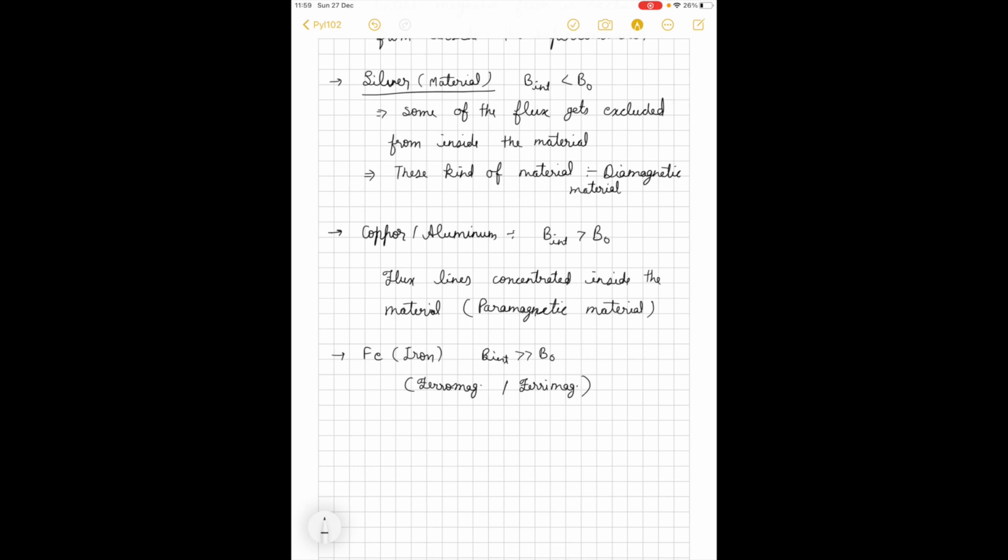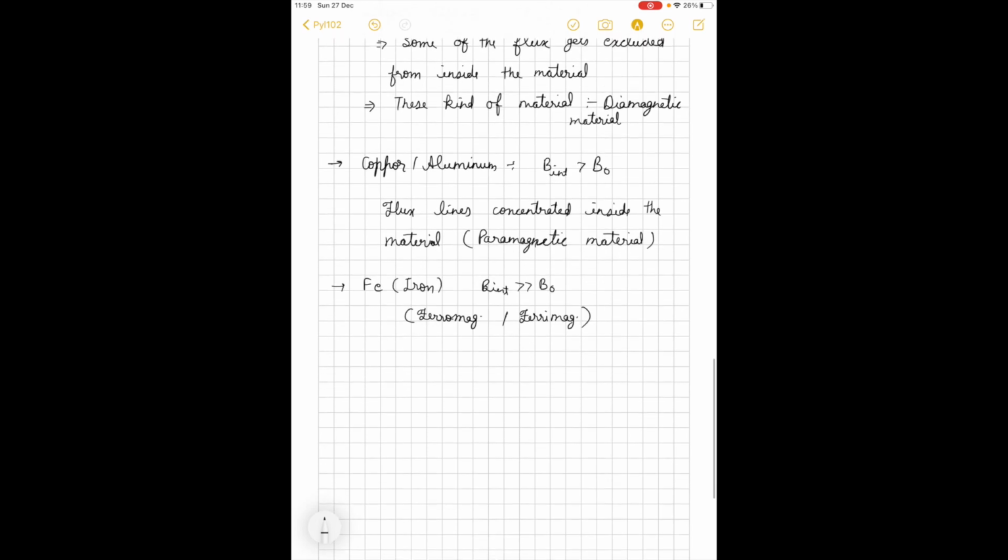But before that, let me introduce 2 more quantities similar to the dielectric one. So these are I think the final 2 quantities. One is the magnetic susceptibility, which we denote by chi m. Remember there it was chi e, the electric susceptibility, and I'll also give a precise definition of magnetic permeability, which we will denote as mu.